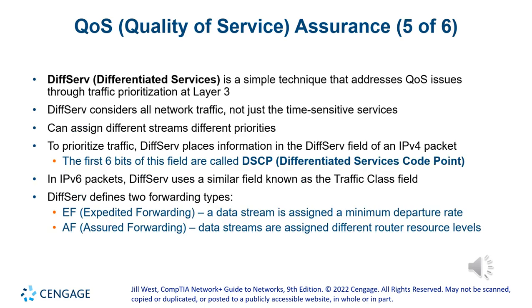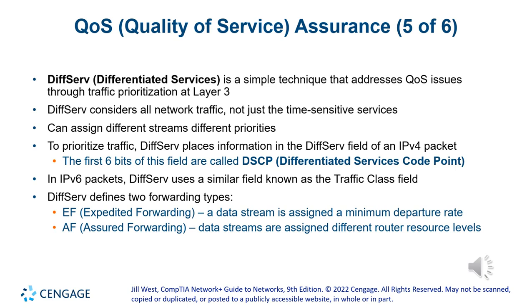So diffserv, the differentiated services, works at layer 3. It works on all the networks, especially voice systems and video systems, cameras for surveillance. They will support the diffserv, and like I said, it has to be configured and enabled on your switches, on your routers. If one device in the middle doesn't support this, what will happen is that it will take that diffserv value and set it back to 0.